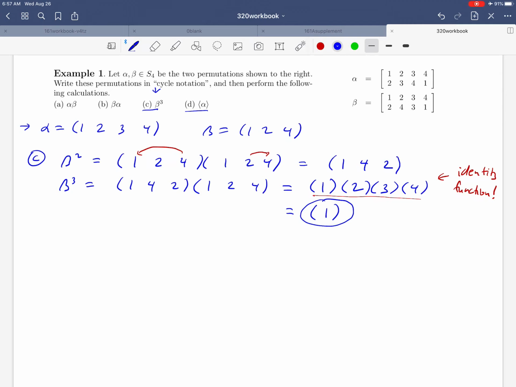One other comment just on notation here. There is a second generic way of writing down the identity permutation, and I want to make you aware of that. We can also write epsilon to denote the identity permutation.